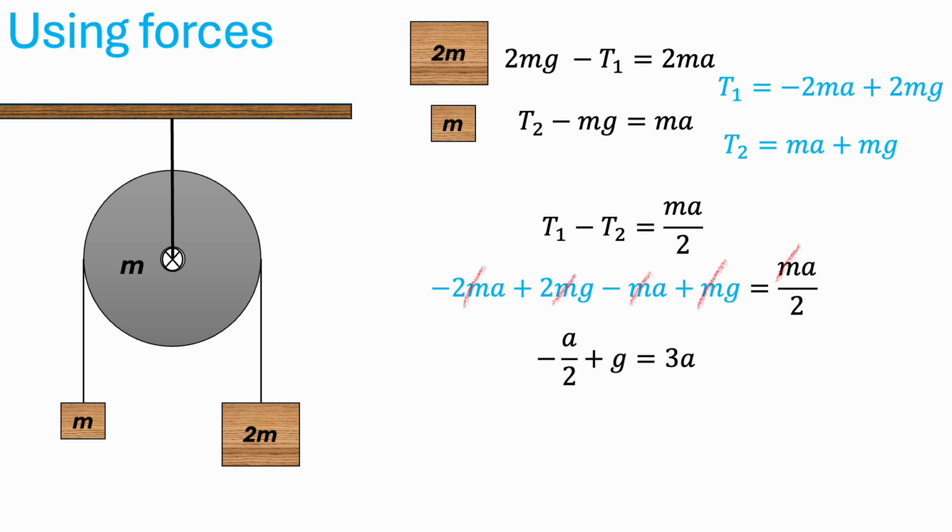And you can see it's kind of going along the same path as the first method. From there, that gives us g is equal to the same sort of 3.5 a's, 7 halves of a, and rearranging that gives us the expression we're looking for.